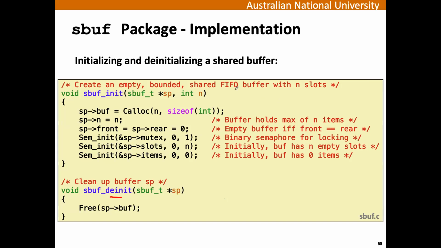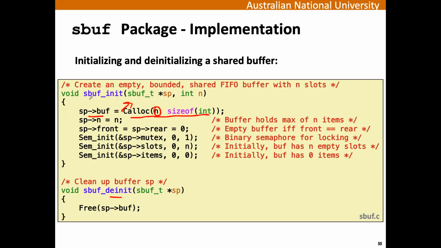Initialization and deinitialization, or destruction, is simple. So here's a buffer, and we want to allocate n elements initially, and calloc zeros the elements that it returns. Unlike malloc, it zeros whatever memory it returns.